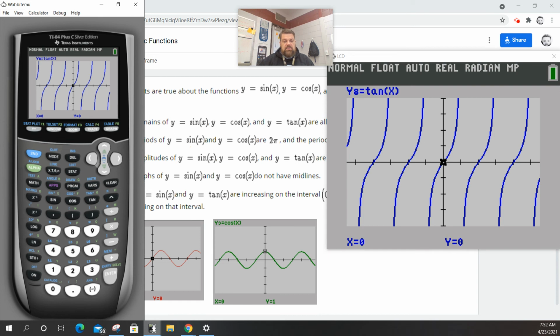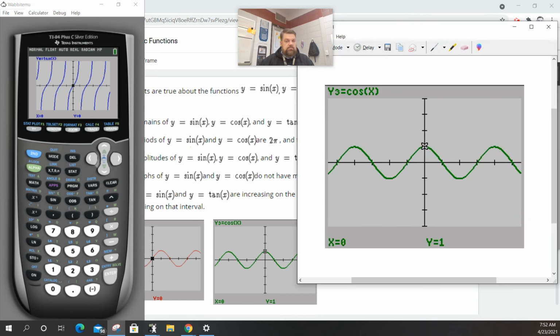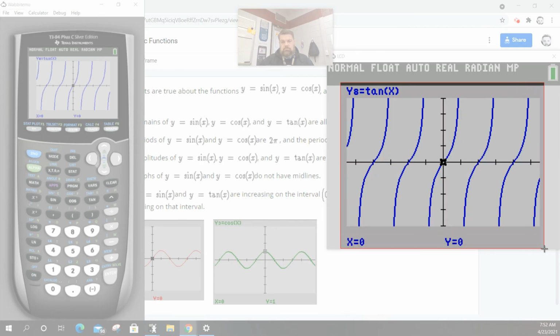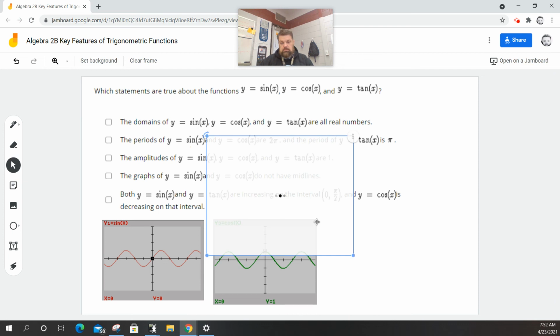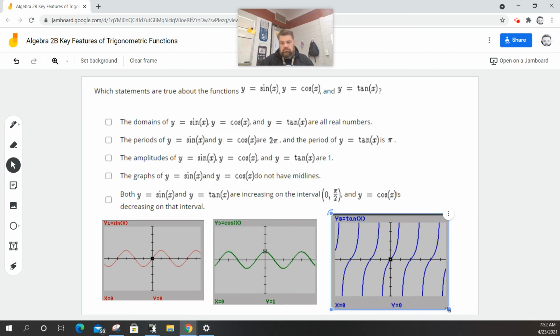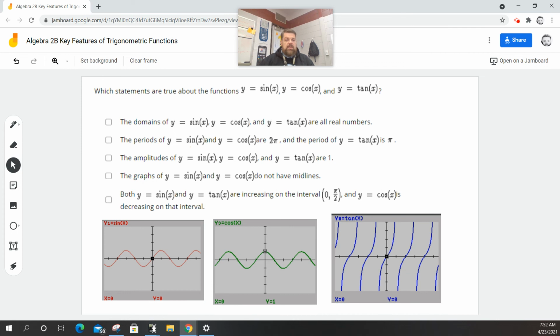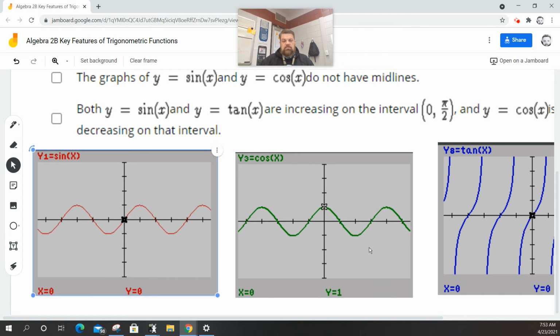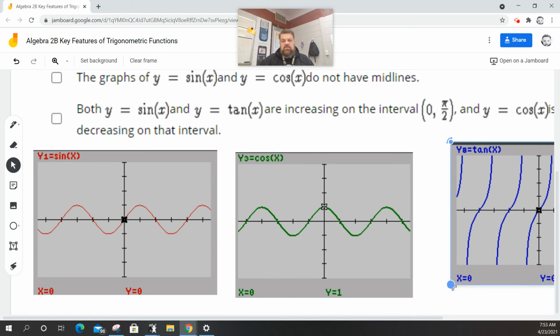And let me take a screenshot of that one. Okay, so let's zoom in a little bit. This is sine. This is cosine. And this is tangent.